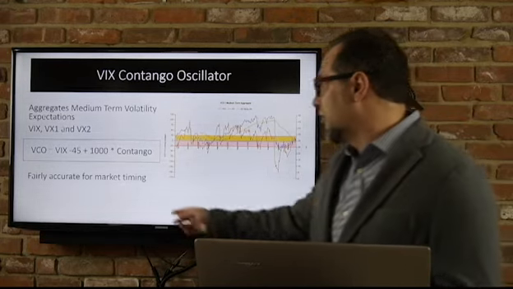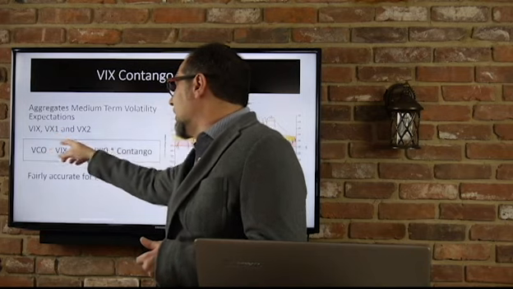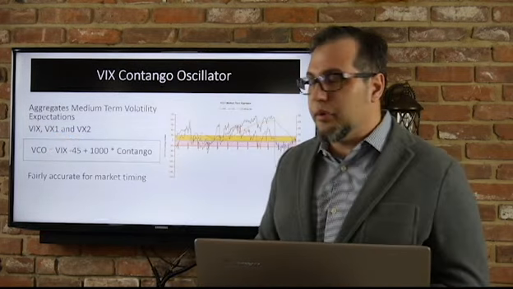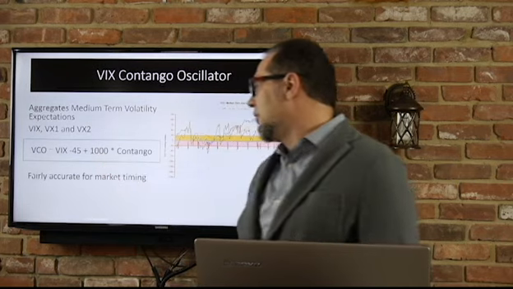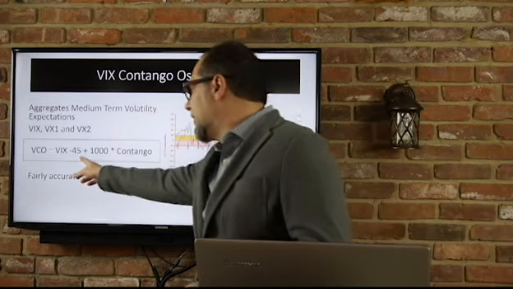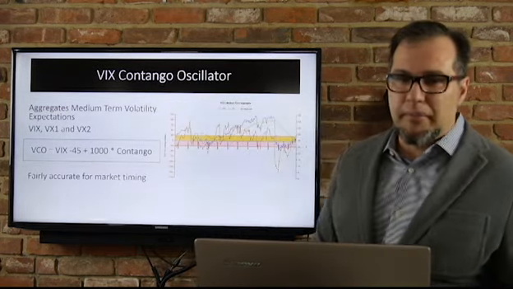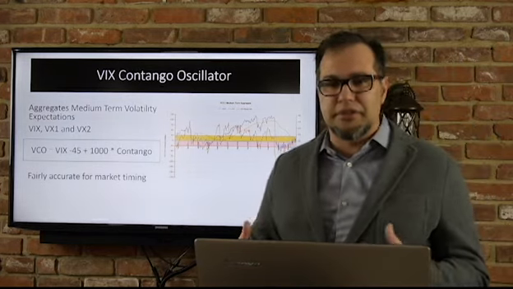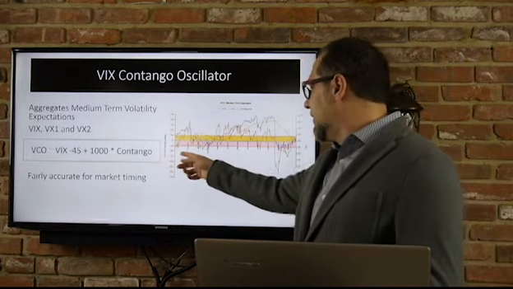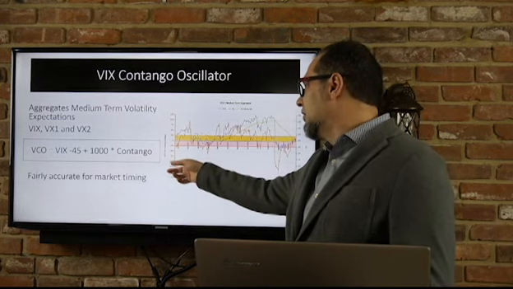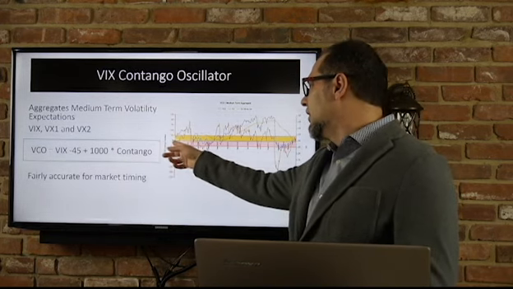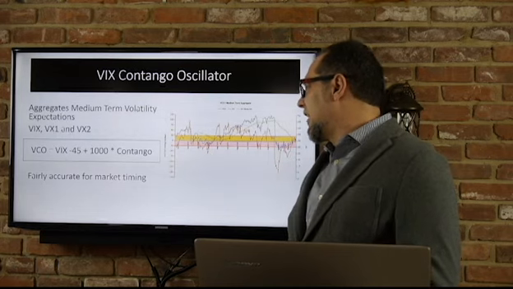It takes information from the VIX, from the VX1 and the VX2, and the formula is VIX minus 45 times 1,000 times Contango. The 45 here is a factor used to make the VCO oscillate around the zero, and the VCO generally oscillates between minus 100 to 100, with zero being kind of a key value.